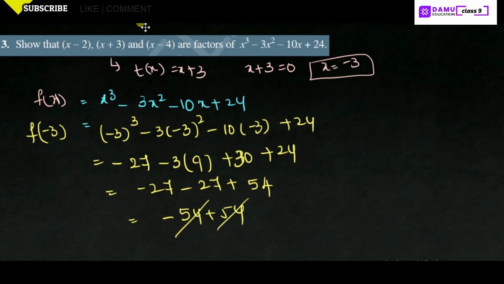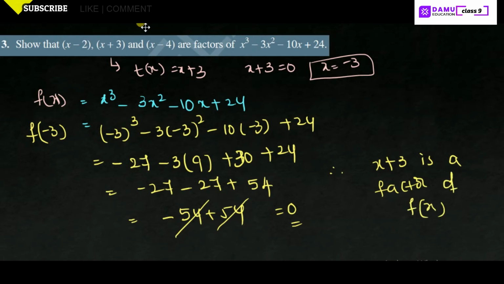So minus 27 minus 27 is minus 54, and we add plus 54. So minus and plus cancel. Therefore x plus 3 is a factor of f of x. You can write it like that.